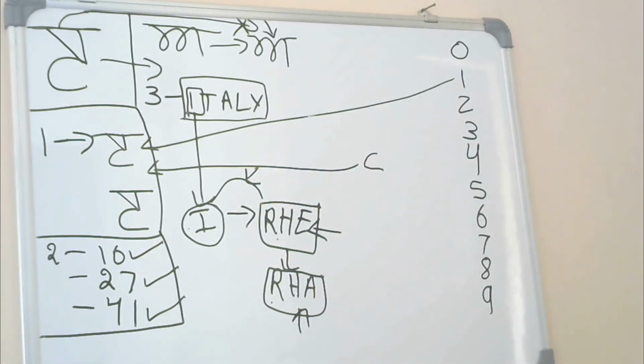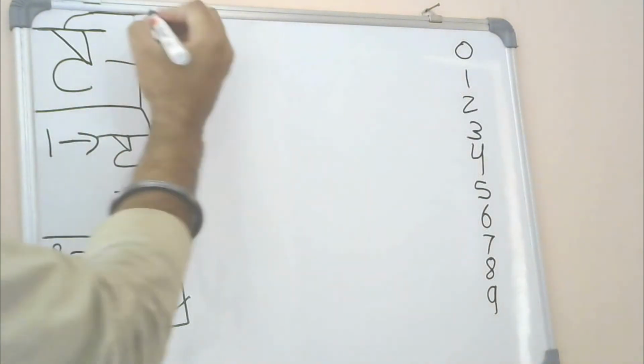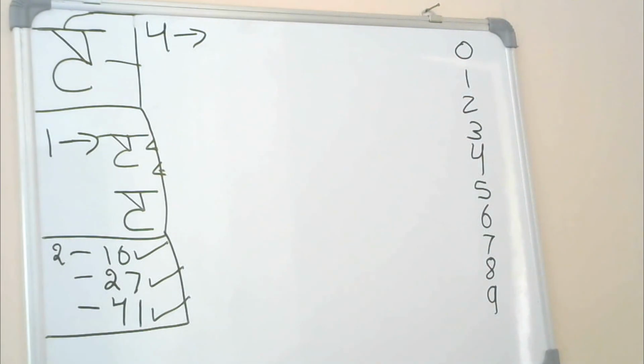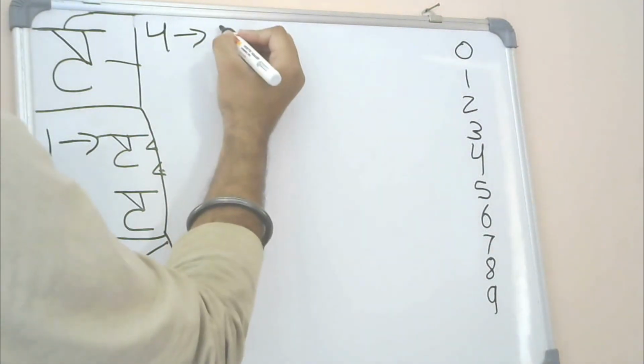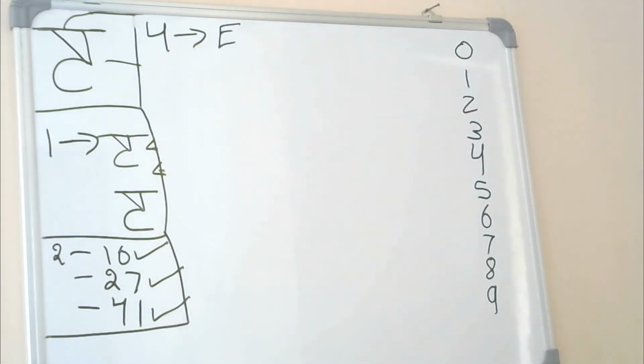And now we are having the fourth step. Okay, let me rub this. The fourth step I have is the sound. It is going to give you the sound of E. E will be the sound you will get from this letter.